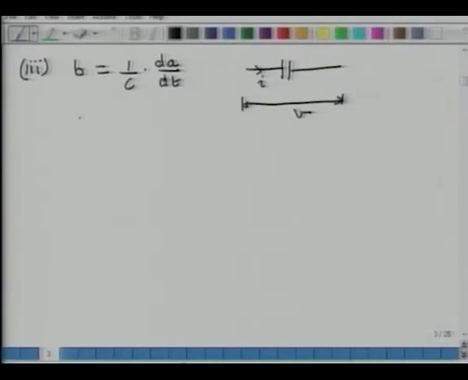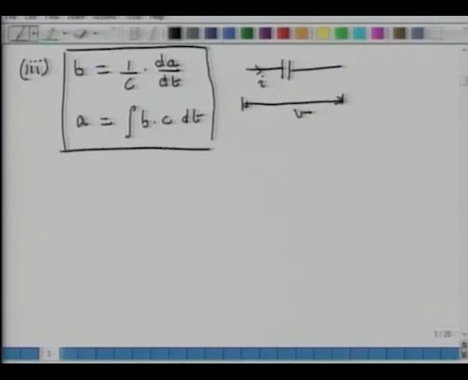And I can also reformulate this relation such that A equals B times C dt when I integrate it. So this is the third category of a two-terminal element. We have talked about two-terminal elements. Now let's look at a four-terminal element, which is another thing we talked about.